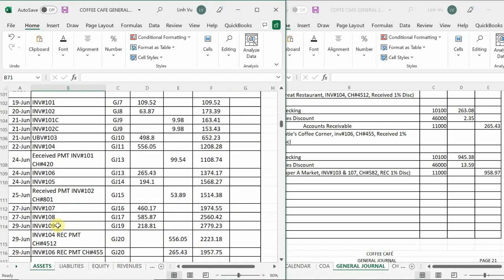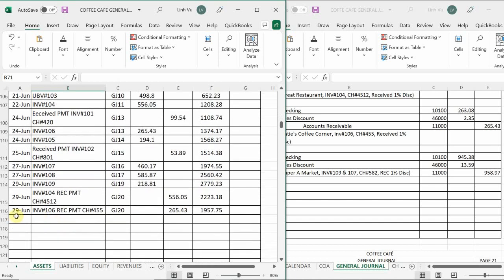Last but not least, we need to update our accounts receivable account, right? Because we don't have invoice number 103 and 107. Received payment check number 582 for the total of $958.97.